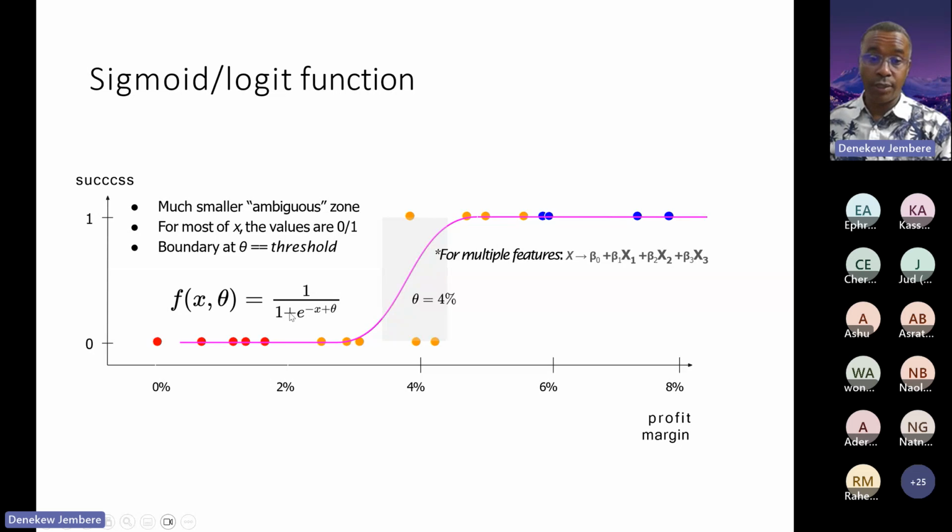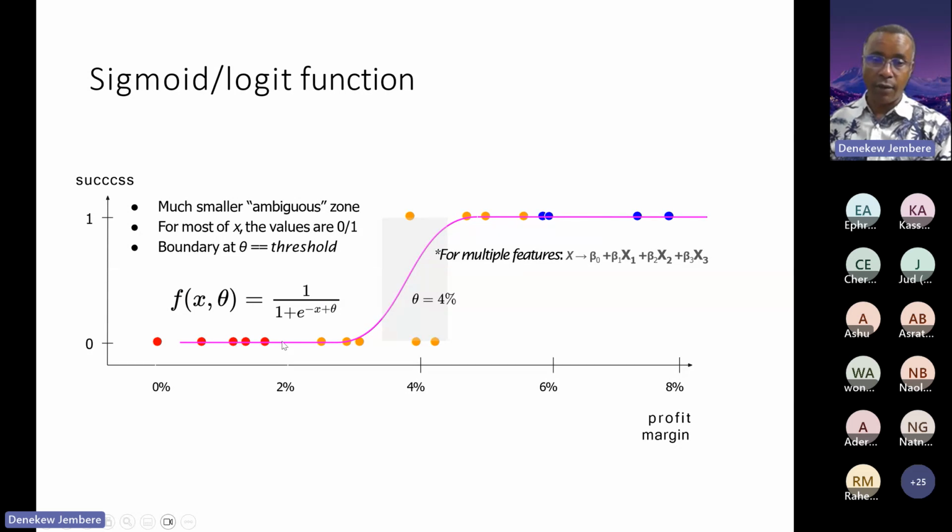Especially the exponent of e gets replaced by a linear regression, as you can see: beta naught plus beta 1 x1 plus beta 2 x2 plus beta 3 x3. This x, which you see as minus x in the formula, is represented with a linear regression.